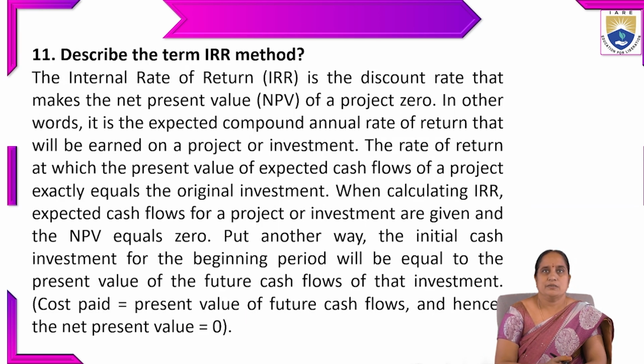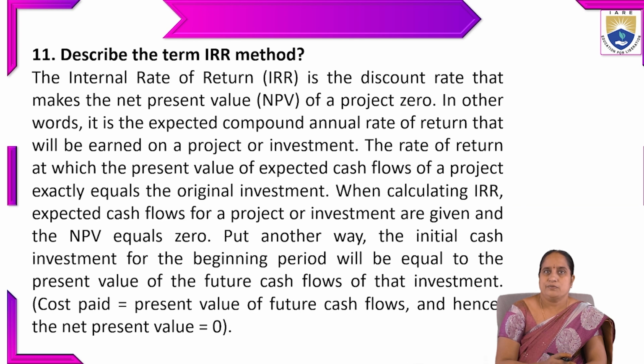Then, describe the term IRR method. It is known as internal rate of return, the discount rate which makes the net present value of a project zero. In other words, IRR is the expected compound annual rate of return that will be earned on a project or investment.